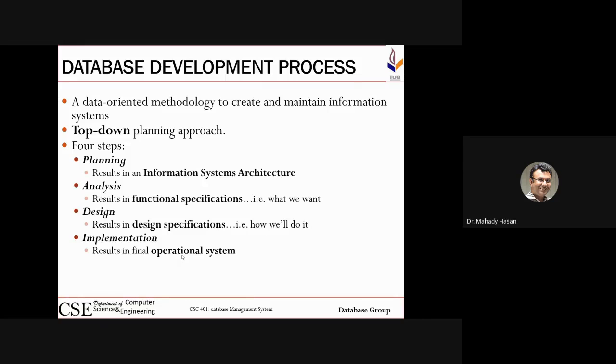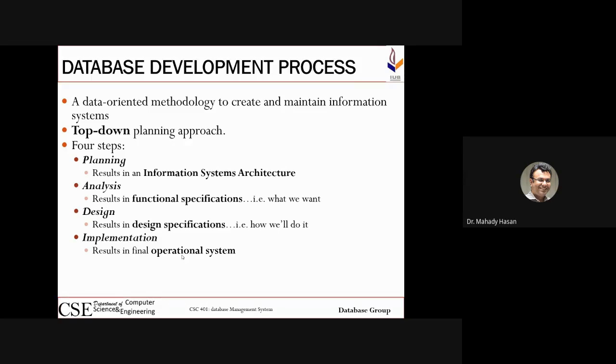Then we have to conduct analysis. In the analysis, we need to find out what exactly the purpose of the system is, what the processes and functions of the system are. So here we try to find out the functional specification. We will come to this slide very soon. Then after getting the requirements, we start designing the system.